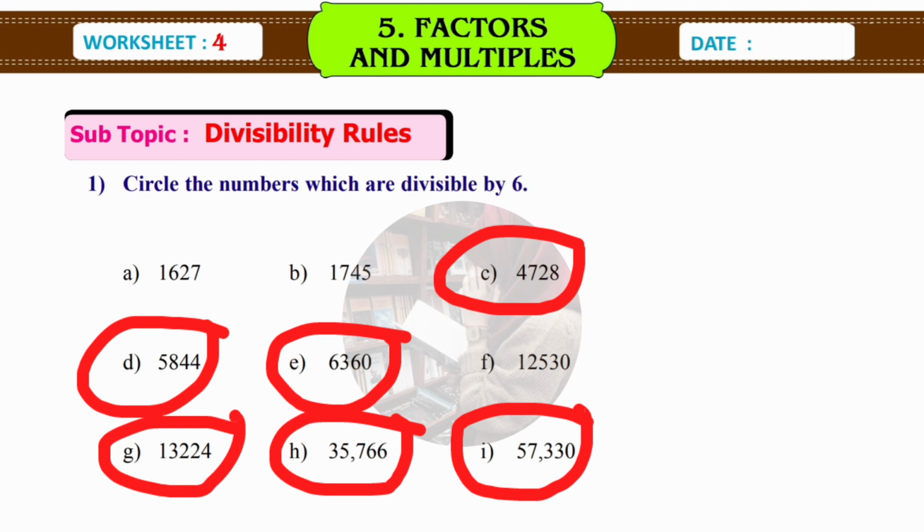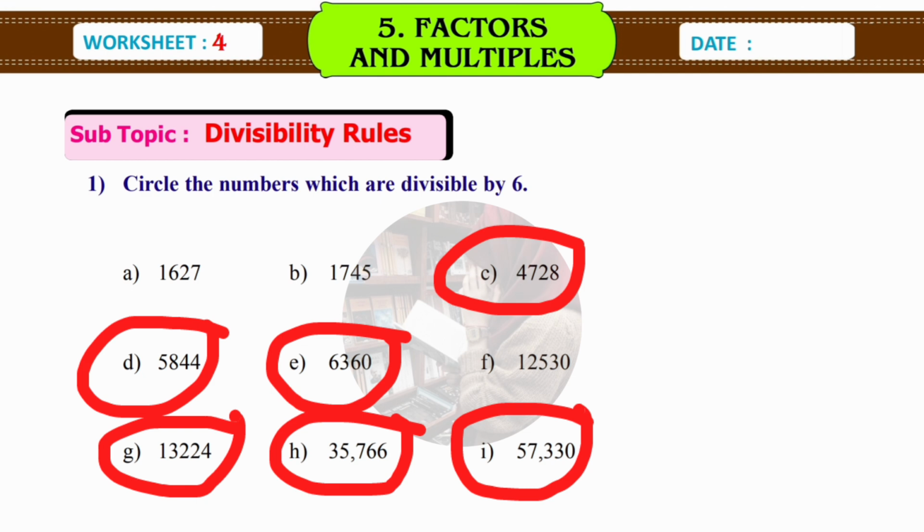Next, the fourth number is 5844. If we check the divisibility rule of 6, that it should be divisible by 2 and 3, it is truly satisfied. That's why circle this number, because it is definitely divisible by 6. Next number is 6360.